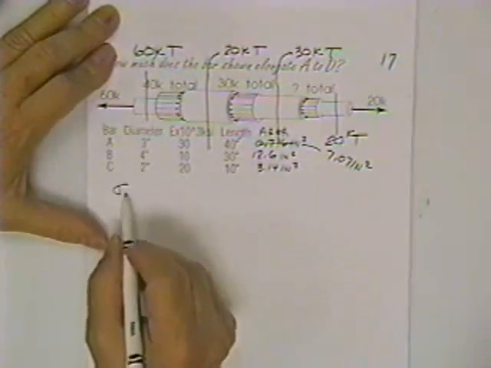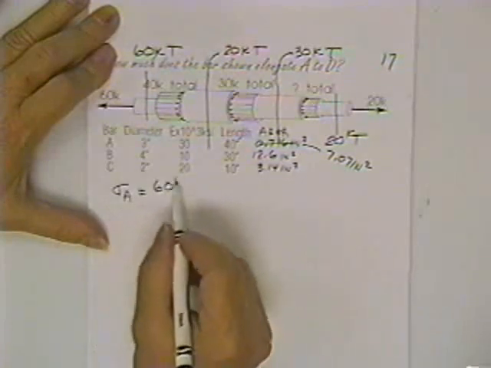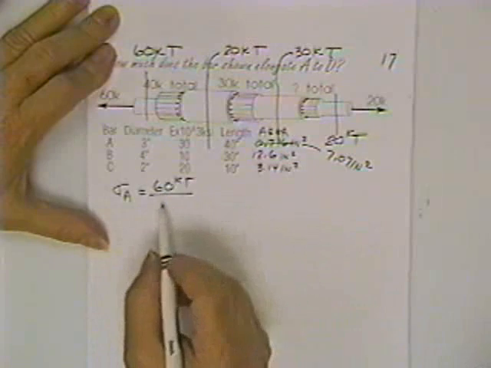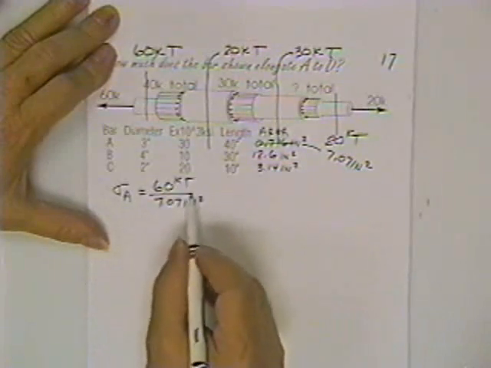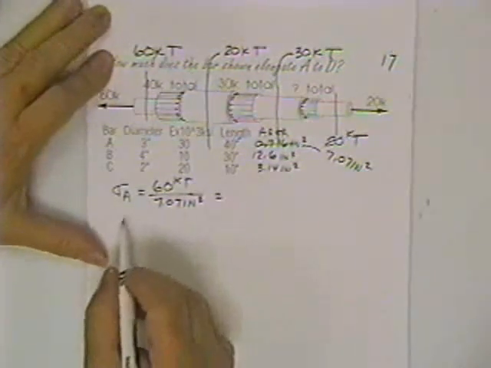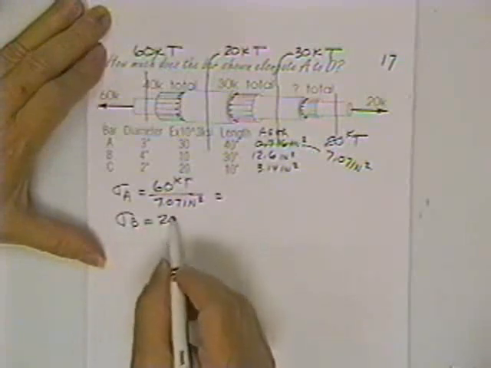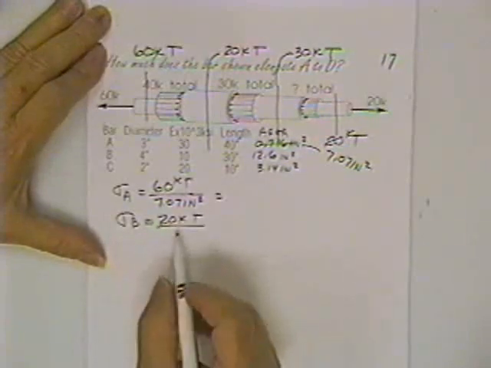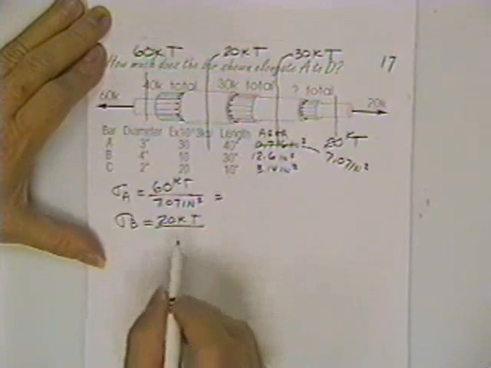The stress in bar A is load, 60 kips of tension, divided by the area, 7.07 square inches, and the units don't matter. We can work that out. Stress in B is 20 kips of tension, divided by its own personal area. ABC, that's interesting.